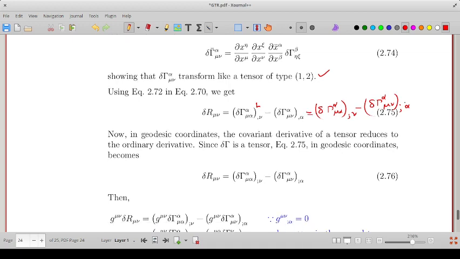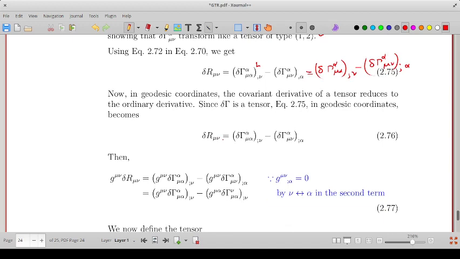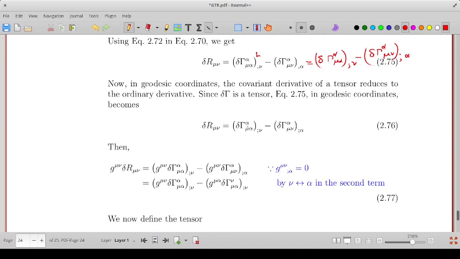So we have now written it in this form. This is a tensor equation valid in any coordinate system. So we have delta R mu nu equal to delta gamma alpha mu alpha semicolon nu, so not comma, semicolon, which is a covariant derivative, minus delta gamma alpha mu nu semicolon alpha.